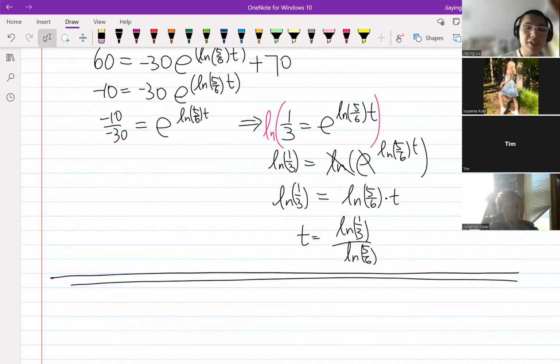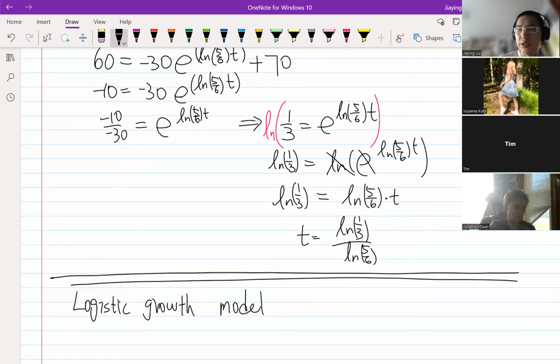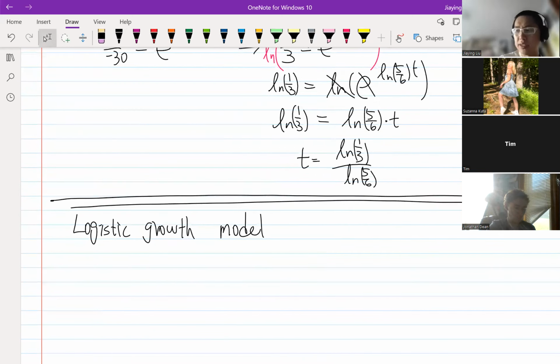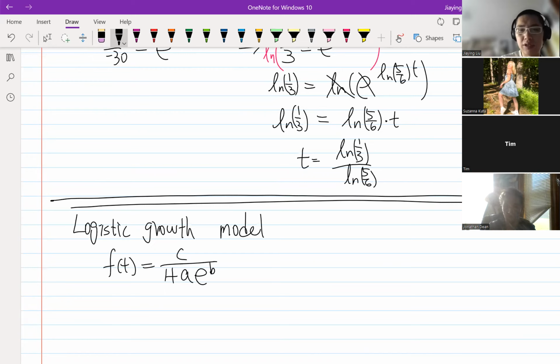All right, so the next example I have is the logistic growth model. A logistic growth model has a formula of f of t equals c over 1 plus a e raised to the bt. The c here is called the carrying capacity.